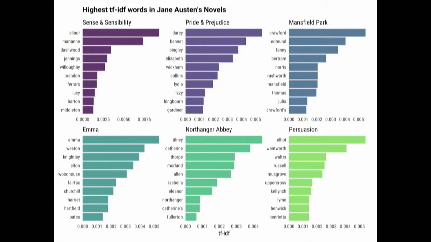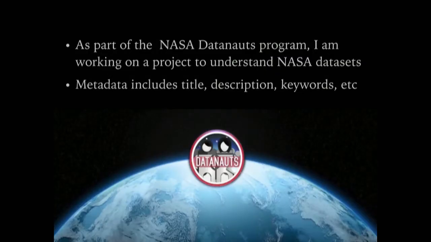It's not just something that you can apply to several-hundred-year-old narrative text, though. You can also apply TF-IDF to many other kinds of text. I worked on the NASA Datanauts program, and one thing that I did was measure TF-IDF for words in description files of metadata from their data sets.